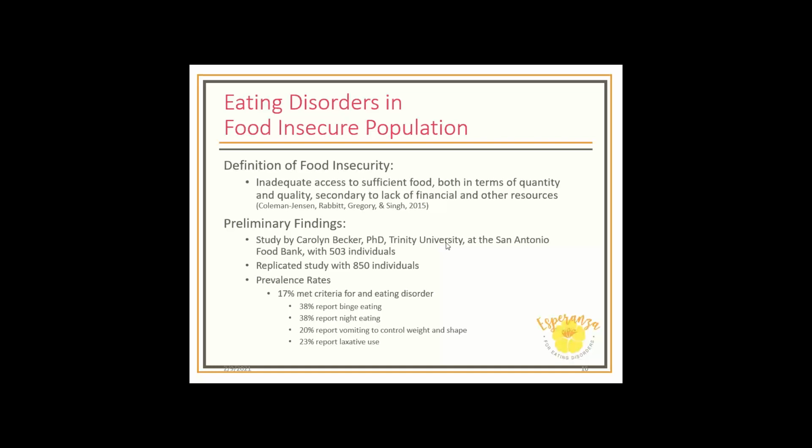38% report binge eating. Of those 17%, 38% report binge eating, 38% report night eating when everyone is asleep, except for them. 20% report vomiting to control weight and shape, and 23% report laxative use.